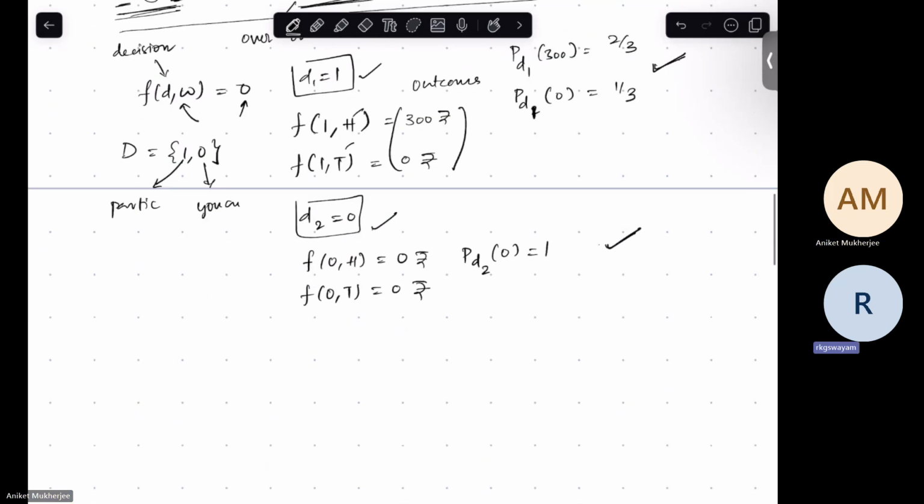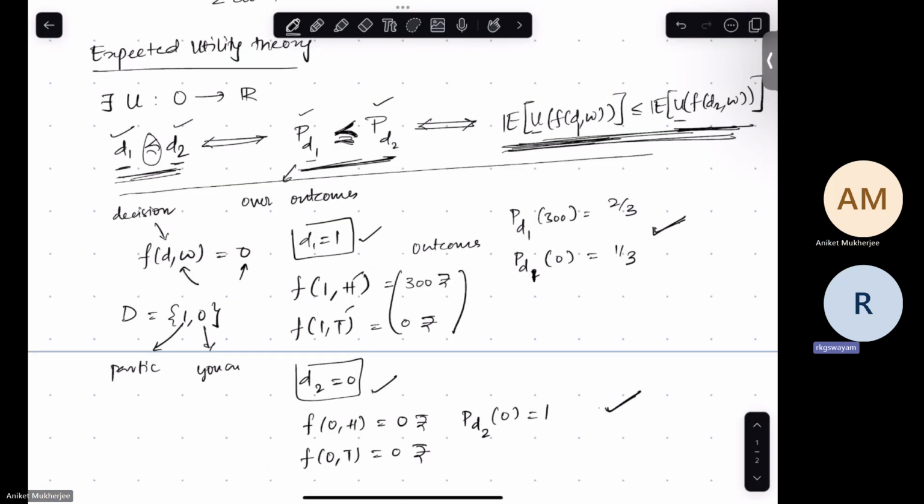So does this theorem talk about the existence of such a utility function? Yeah, it talks about the existence of such utility. So there are basically two theorems. I forget the names. One is von Neumann and Morgenstern's theorem. It states what the structure of this U would be.